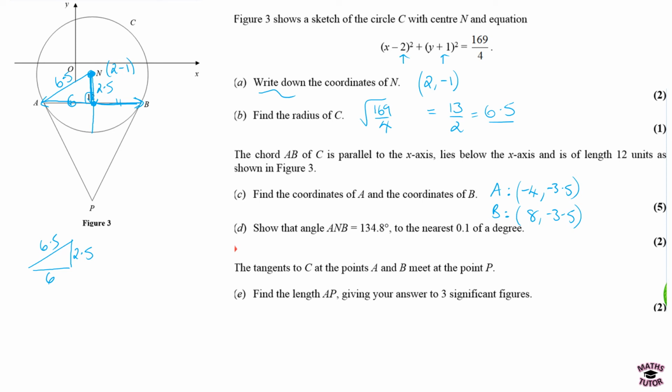Now part D, show that the angle ANB is 134. So I get rid of these. We need to show that this angle here is our 134.